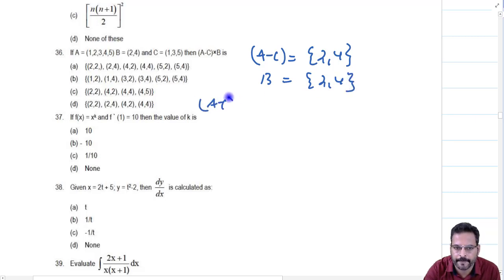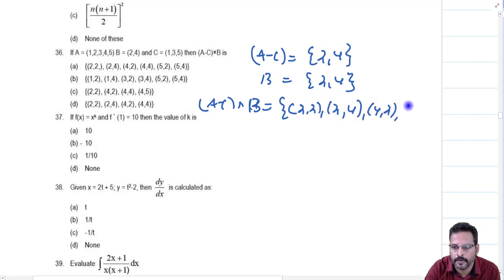So we know that A minus C goes to B. The first term should be from A minus C. Put it there: 2, 2, 2, 4, 4, 2, 4, 4. Choice will be D.